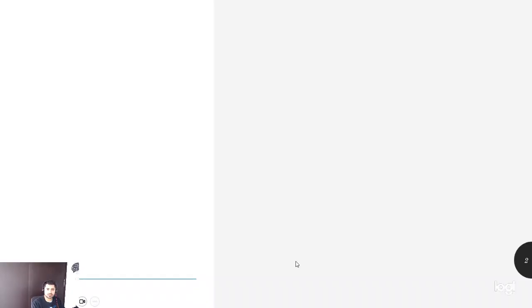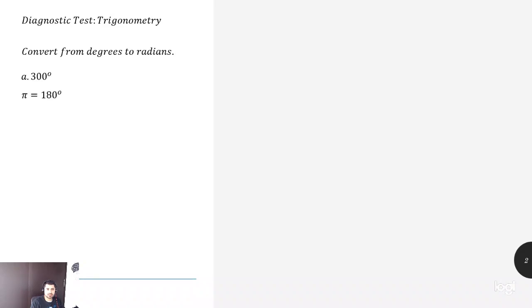So first, the first question is just to convert from degrees to radians. The first one, we have 300 degrees. We already know that pi is just like 180 degrees. So then we can proceed in that way. If pi is exactly equal to 180 degrees, then what should be the value for 300 degrees?